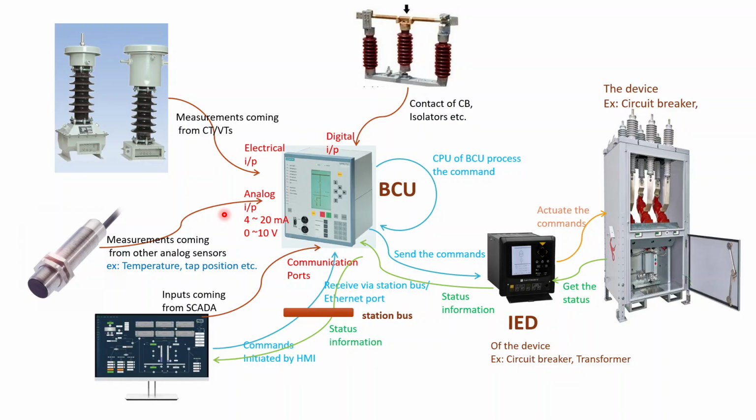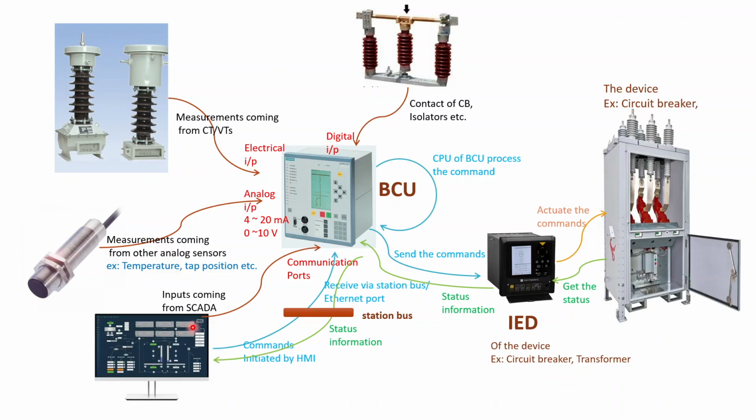And then you have the inputs that are coming from the SCADA system. So basically the control signals that are sent by the corresponding operators who are looking at the SCADA system. And say, for example, if they want to change the tap or if they want to open a circuit breaker for maintenance purposes, they will send a corresponding command. So these are coming through the SCADA system as communication using some sort of communication protocol, right?